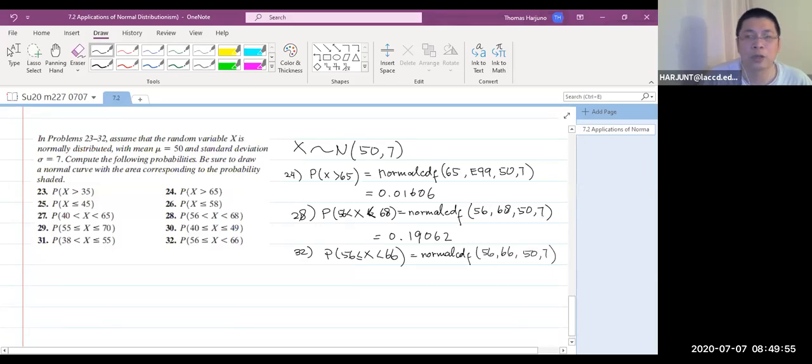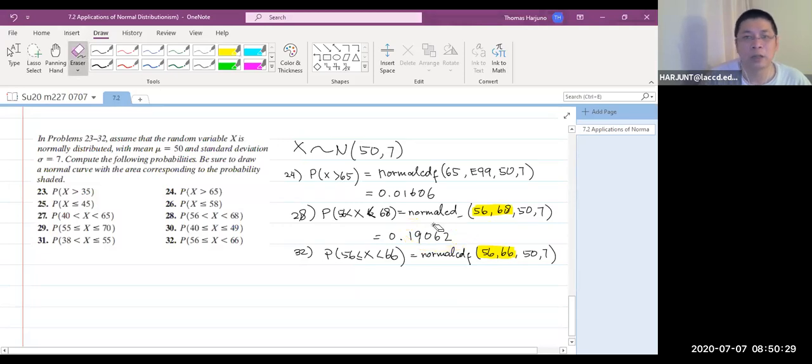Now, before I do the calculator work, notice that this interval is smaller than that one, right? So we expect the result here to be less than the probability we got earlier. This one is part of that 56 to 68 interval, so if the event is more specific, then the probability, of course, will be smaller.